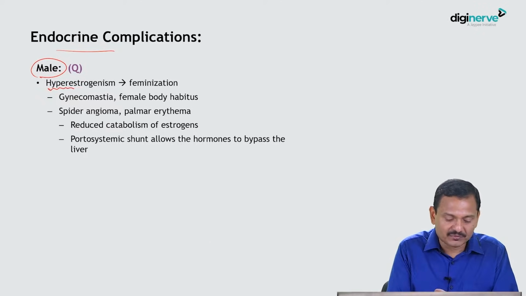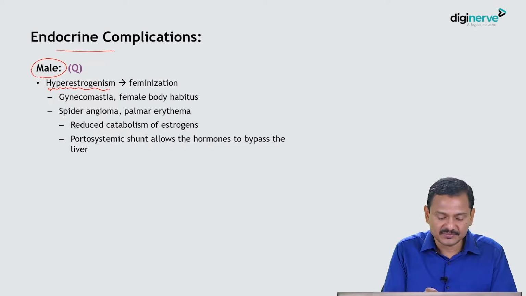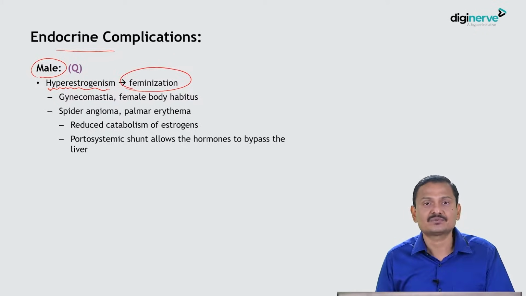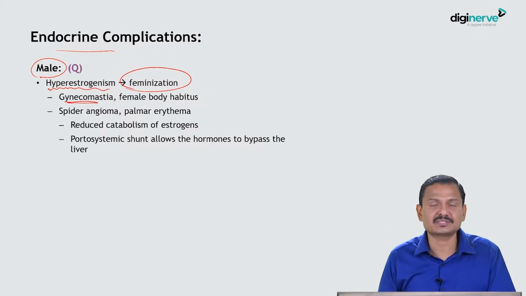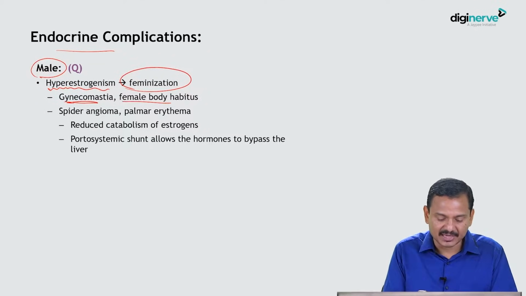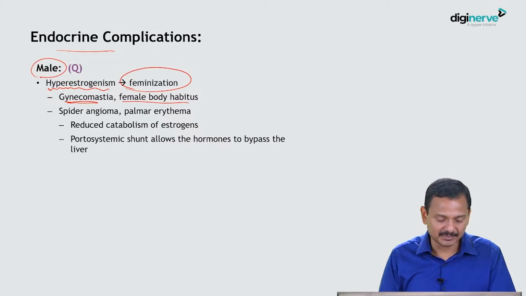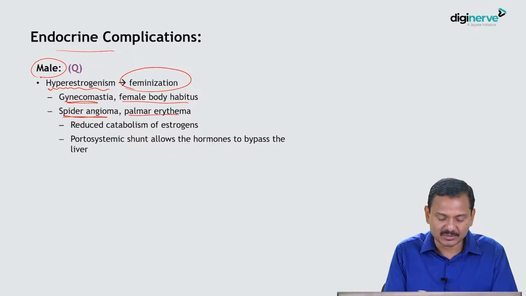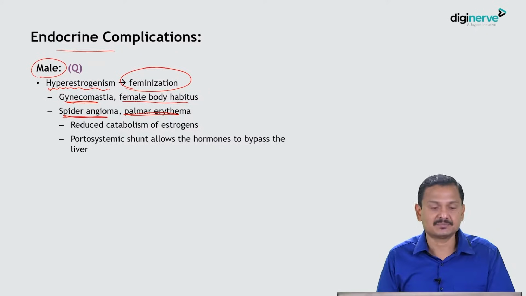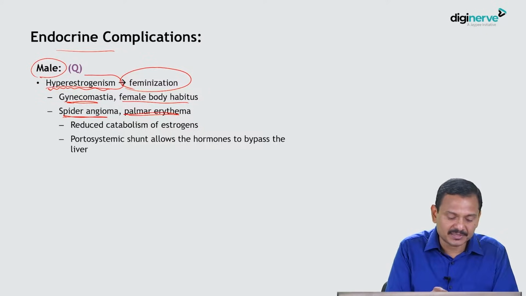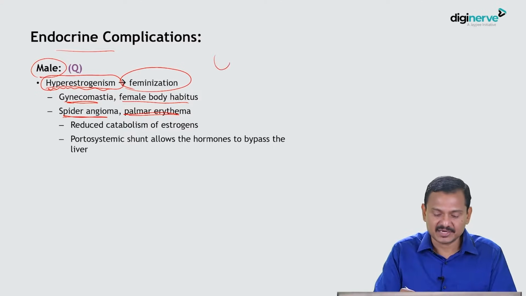Because of hyperestrogenism, there will be an increased chance of feminization in the male. And what will be the manifestation? That is gynecomastia, as well as female body habitus. There can be spider angioma as well as palmar erythema, and all these indicate that the patient is having hyperestrogenism, as we had seen in our first case scenario.